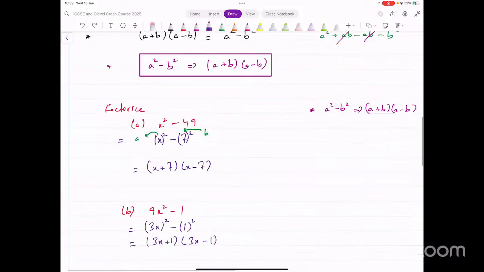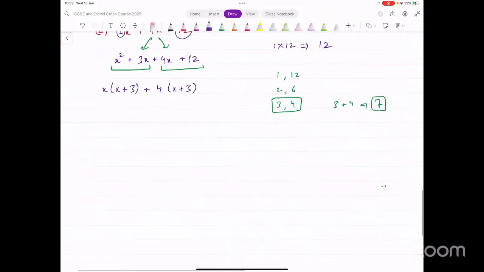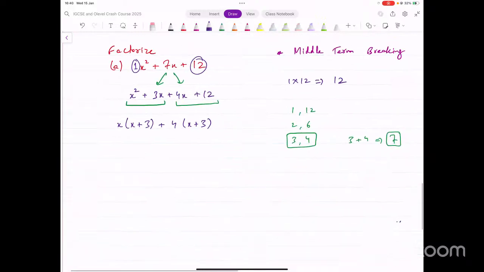When we take x plus 3 common from these two terms, what are we left with from the first term? x. What are we left with from the second term? 4. And we get x plus 3 times x plus 4. And this is the factorized form that we were looking for. Okay? This is our factorized form. Make sense?